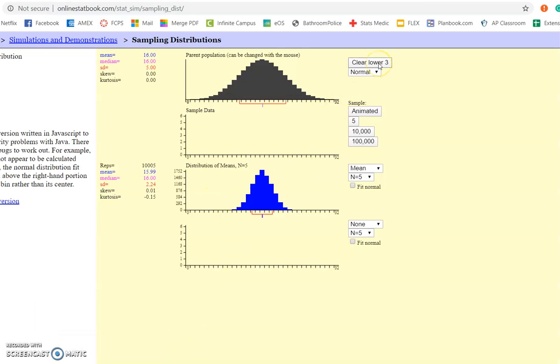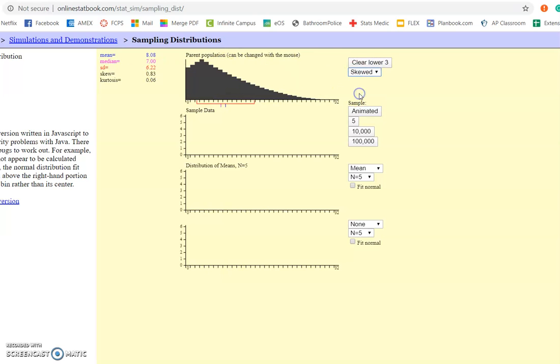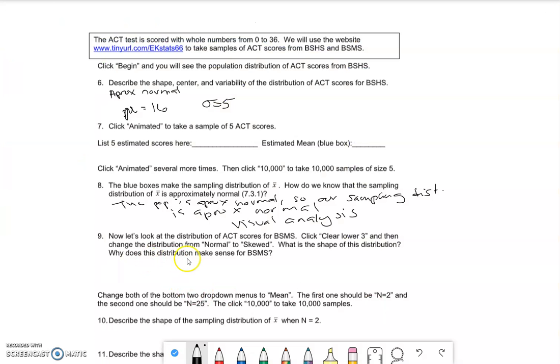It says to click clear lower 3 and then change the distribution from normal to skewed. Okay, well, I guess a mean of 8.8 on the ACT would be about right for middle school. So, what is the shape of this distribution? Well, this distribution is skewed left.